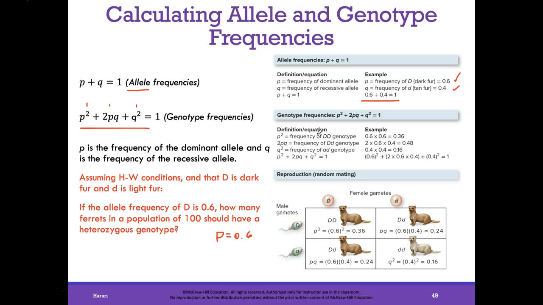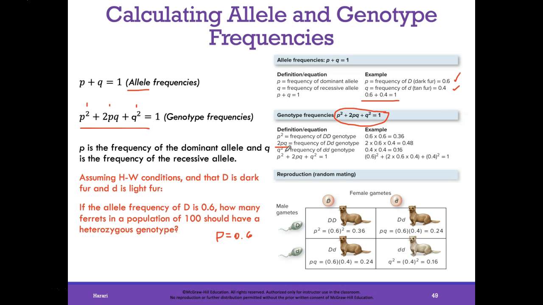Great. We actually are asked about a genotype frequency. We're asking how many should have a certain genotype. So for that, we have to use the genotype frequencies equation: p squared plus 2pq plus q squared equals 1. Specifically, p squared is the frequency of big D big D, 2pq is the frequency of big D little d, and q squared is the frequency of little d little d. We're asked about the heterozygous genotypes, which are represented by 2pq.